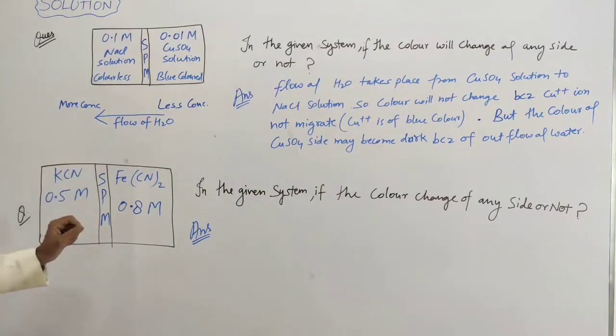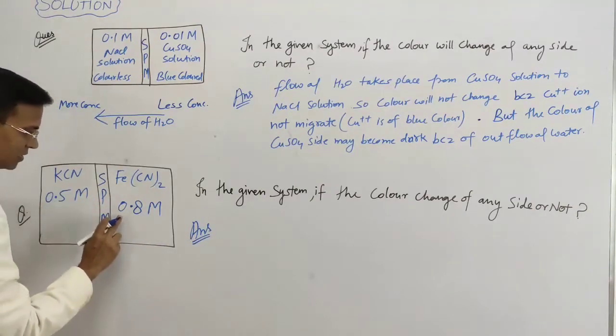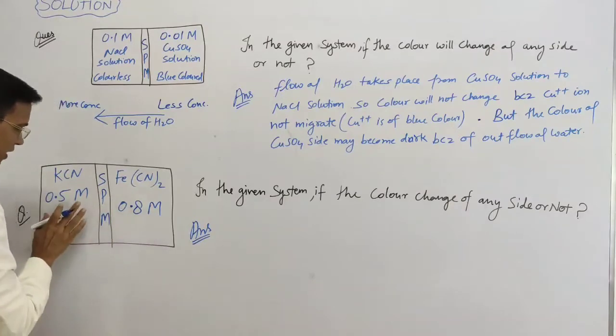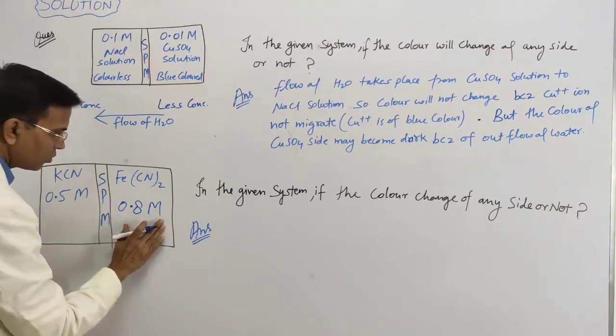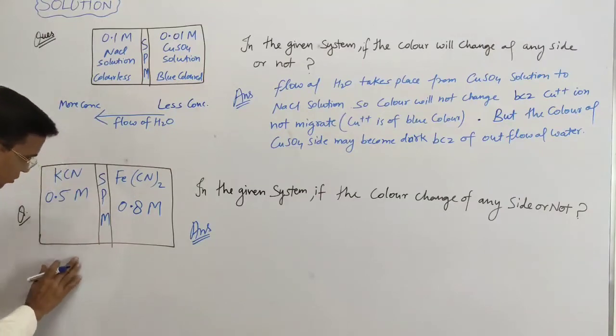Now the second question is, a system is given. In this system, if you observe, here 0.5 molar, here 0.8 molar. So here less concentration, here more concentration. So movement of water will take place from this side to this side.